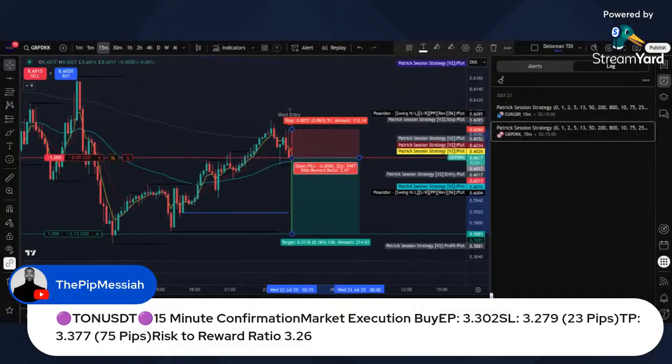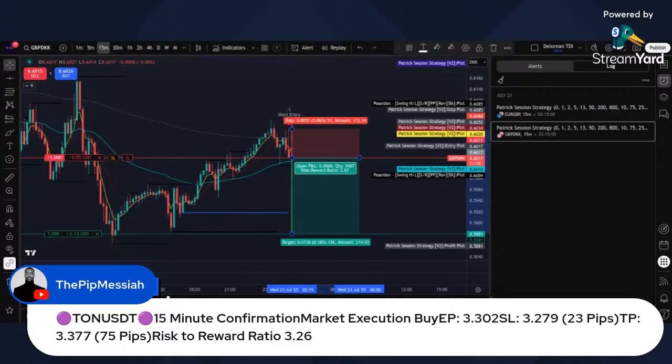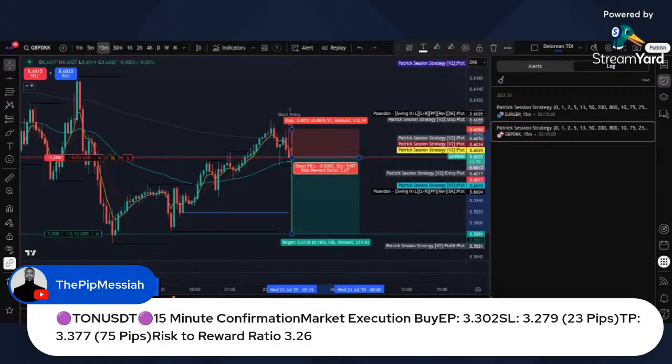Let's go ahead and get this bad boy called out. All right, this is going to be a Forex currency exotic trade. You'll be able to find this on both liquid brokers and LHFX. And this is going to be the Great British Pound versus the Danish krone, GBP, DKK. 15-minute confirmation, market execution sell with a risk to reward ratio of 2.67.